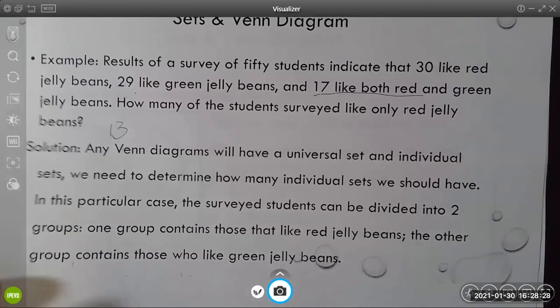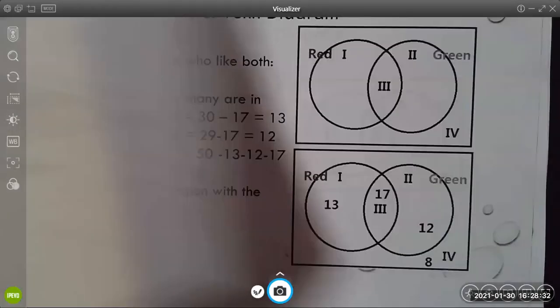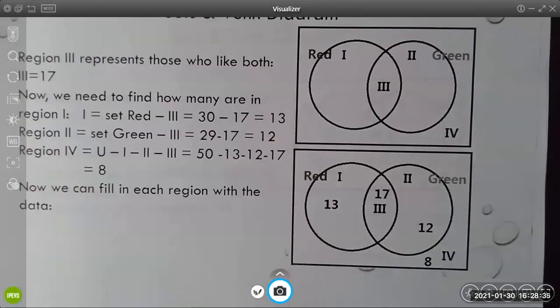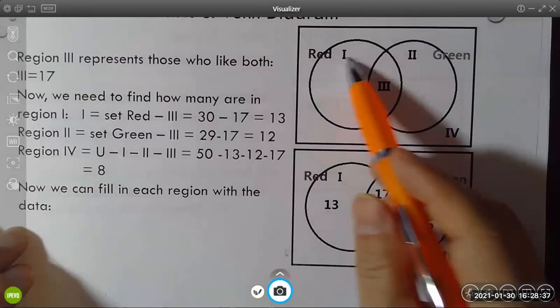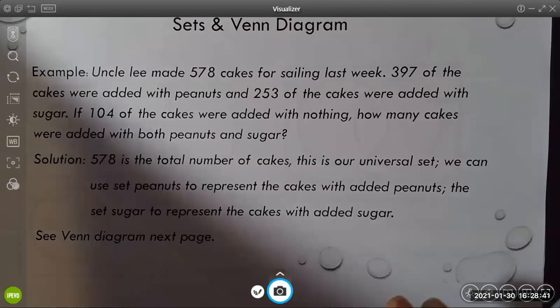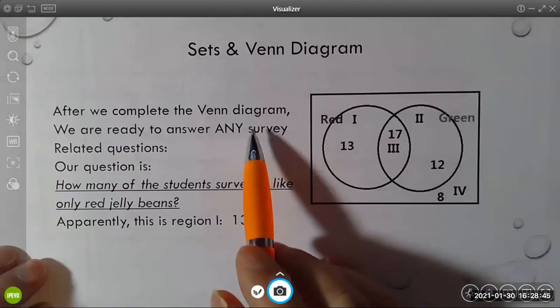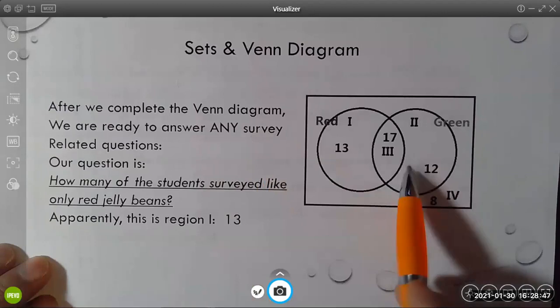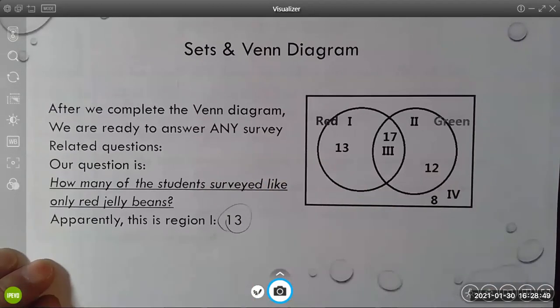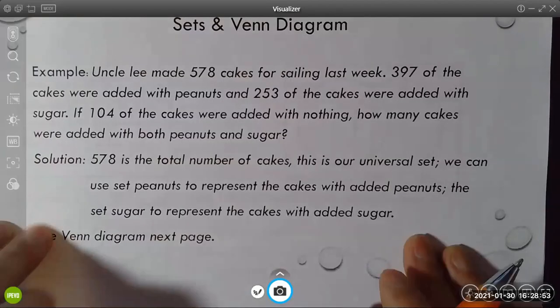You already know the process: label the different regions with Roman numerals, populate them, and then you can answer questions. See, that's our answer.